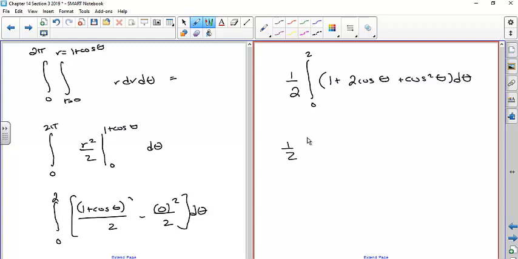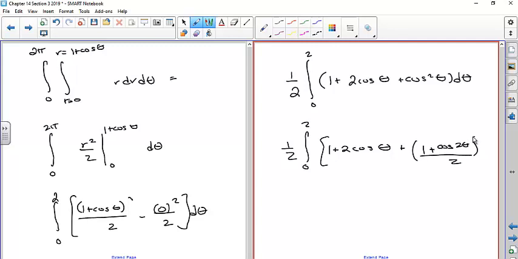So we get 1/2 the integral from 0 to 2 pi of 1 plus 2 cosine theta plus, so cosine squared theta is 1 plus cosine 2 theta over 2.